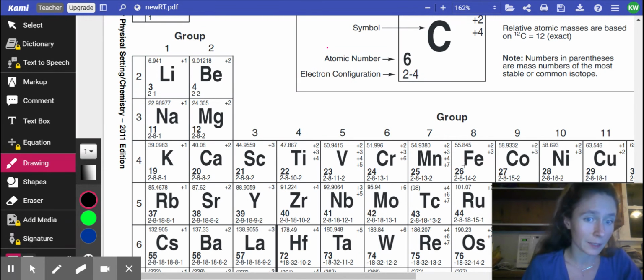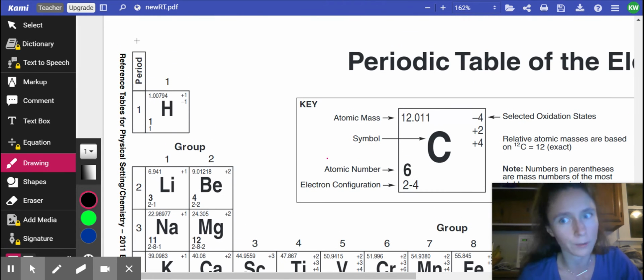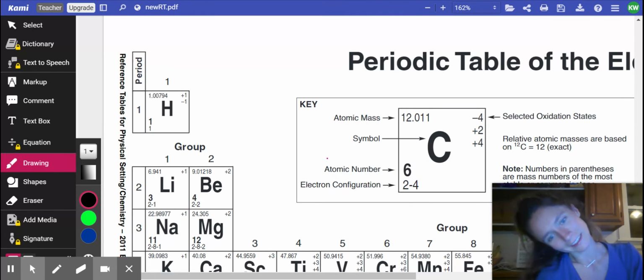Please keep in mind that periods go across, so from left to right, and groups are the ones that go up and down. You can tell that because period is written this way to indicate that you read it this way.